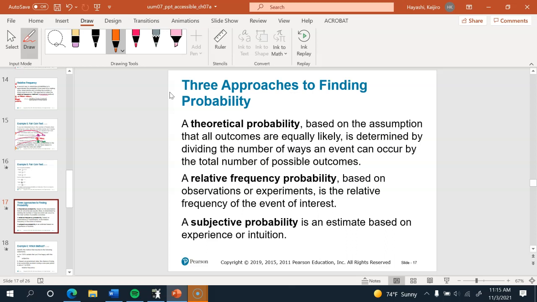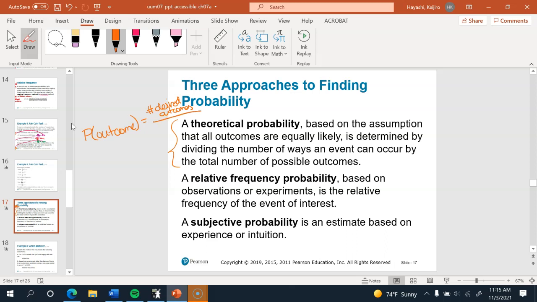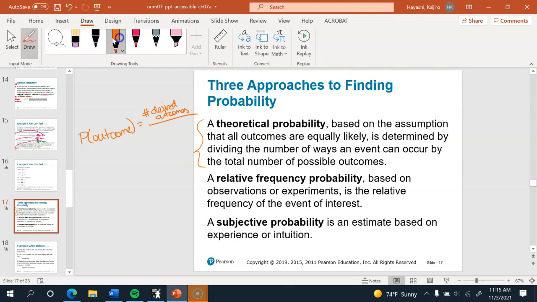So this is simply saying that the probability of an outcome is the number of desired outcomes over the total number of possible outcomes.